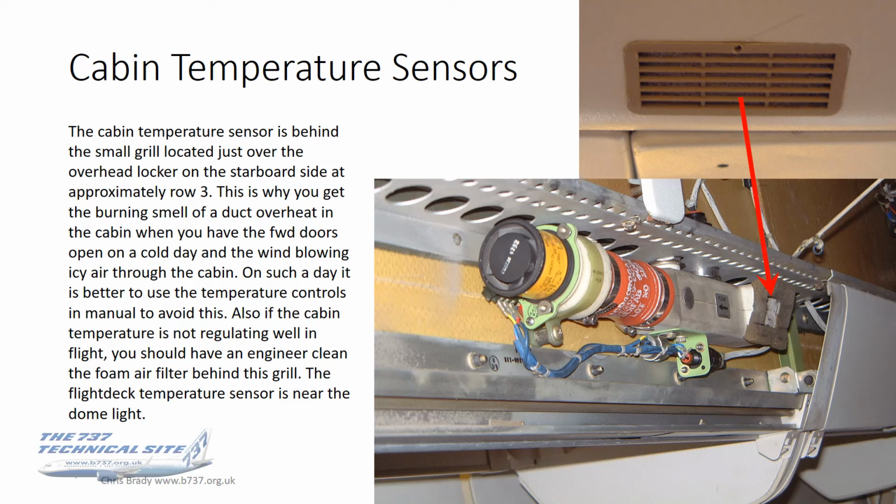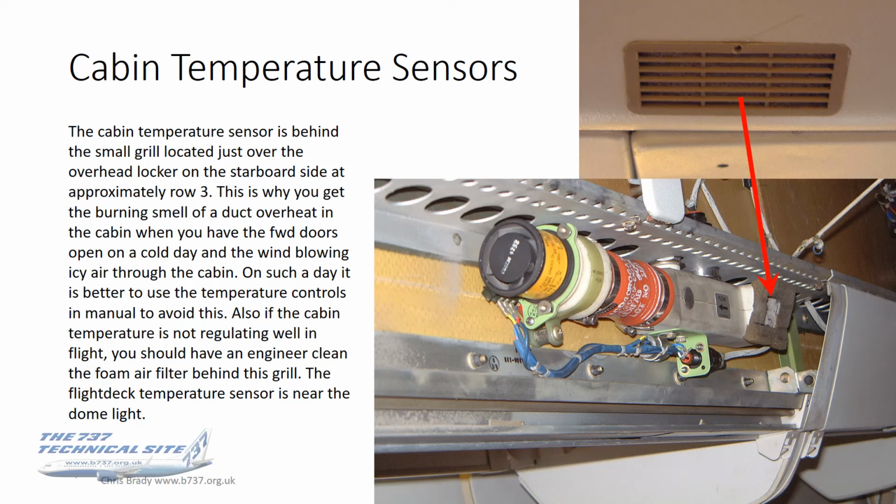The rest of that unit, working to the left there, is the actual temperature probe itself. And then where it turns red, that cylindrical unit on the left, that is a fan. And that's there to draw air through that grille and across the thermometer.